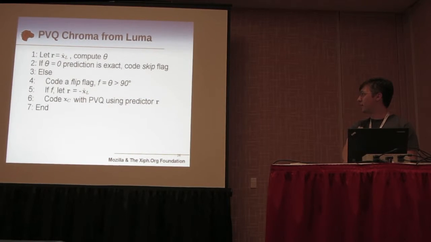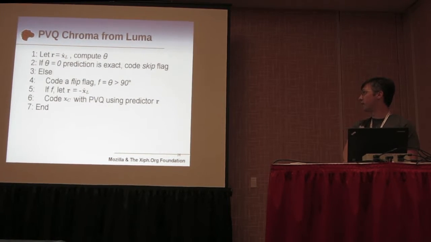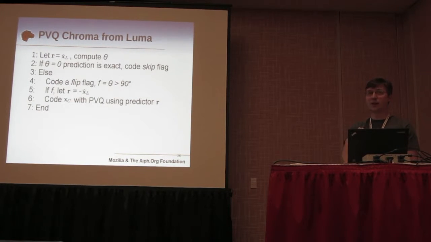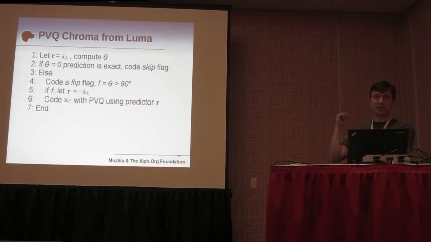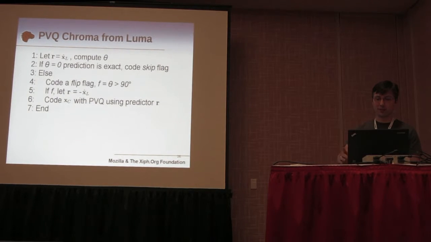Otherwise, we compute and code a flip flag, which is just if theta is greater than 90. On that projected 2D diagram, if the angle between the predictor and the input is more than 90, the prediction is actually in the wrong direction, and that indicates a negative correlation.